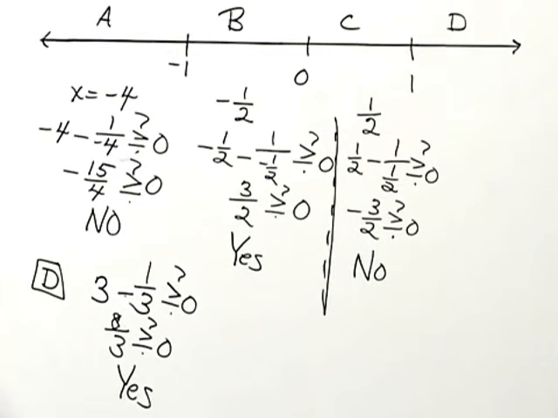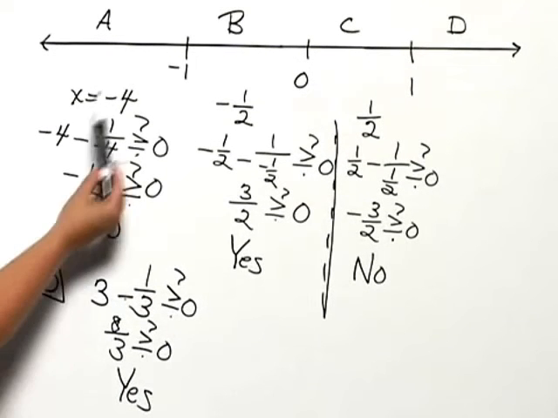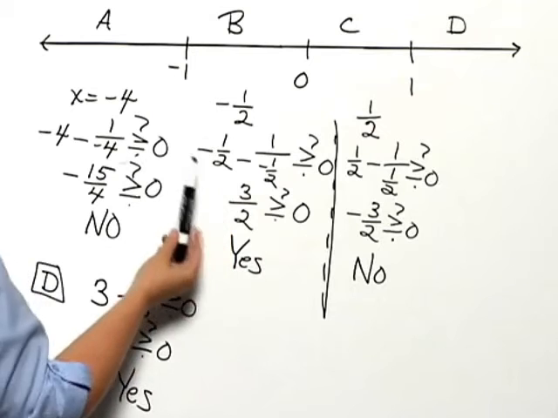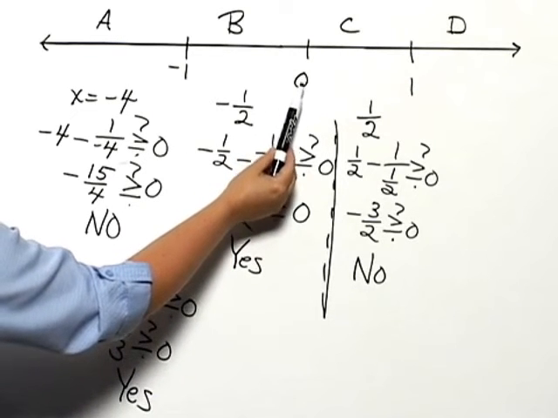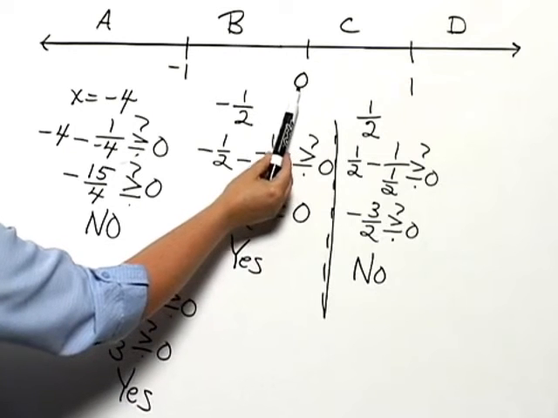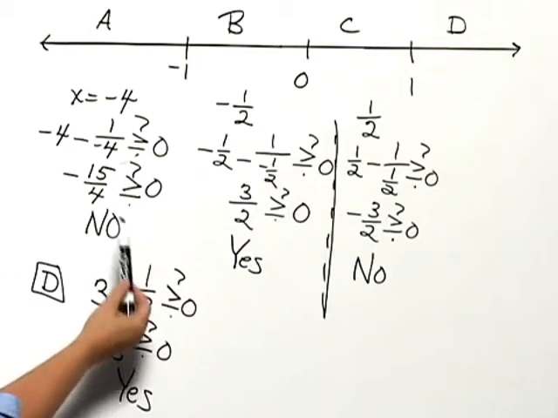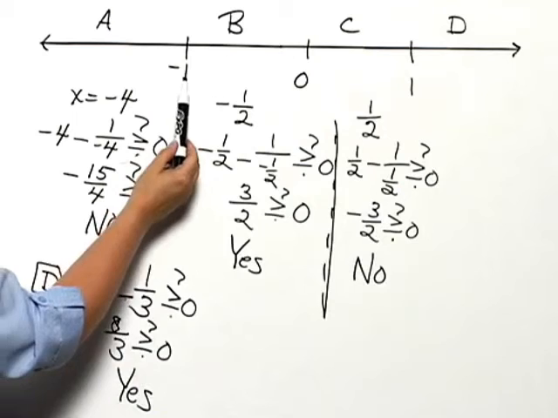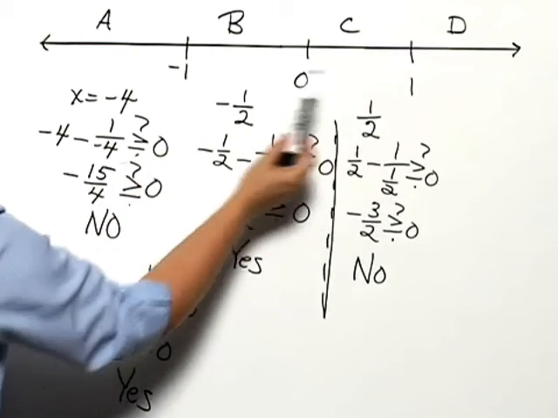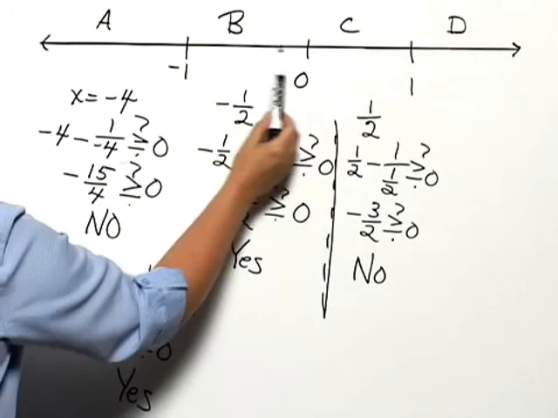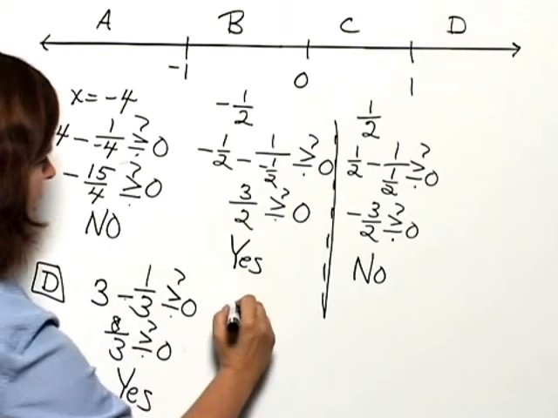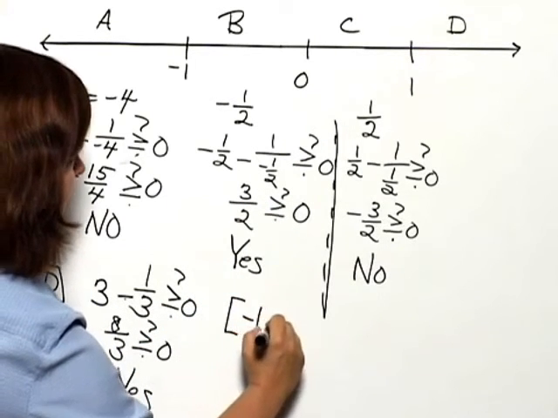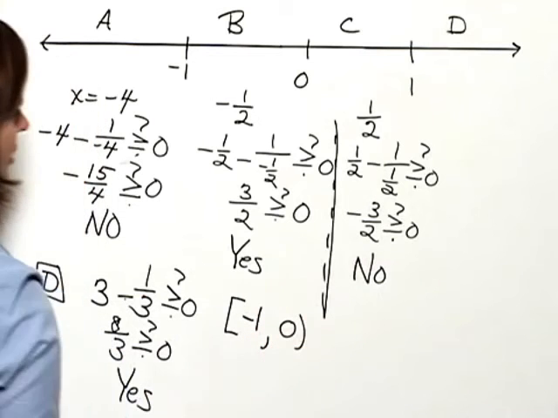Now, the only last thing we have to determine is whether we include the endpoints. We do not include 0 because that endpoint makes the expression undefined. Because the inequality symbol is greater than or equal to, we do include the negative 1 and the 1. So we want these two intervals. We want interval B, which is negative 1 to 0, but not including 0.